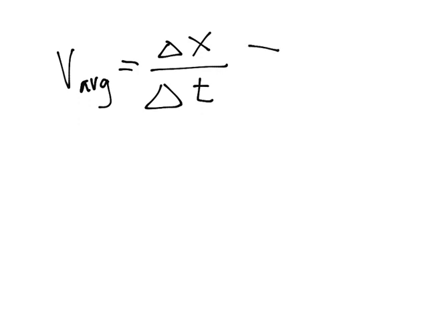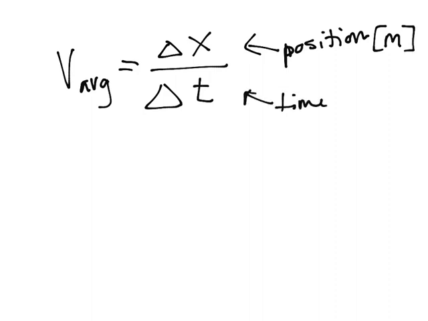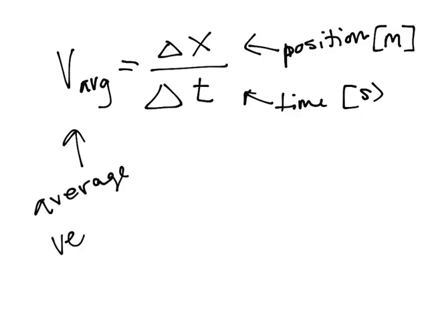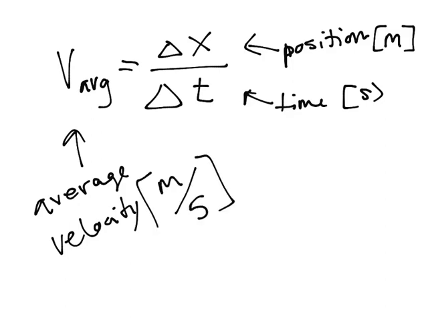So remember, this is position, and that is in meters over time, which is in seconds, which will give us the average velocity, which is meters over seconds, so our units will stay meters over seconds.